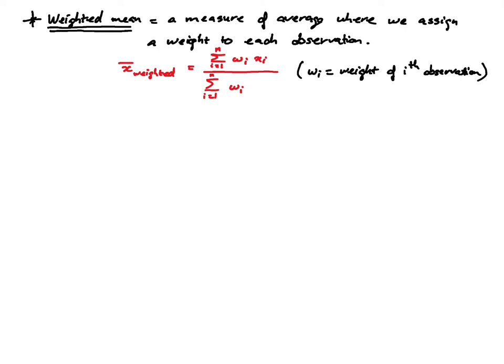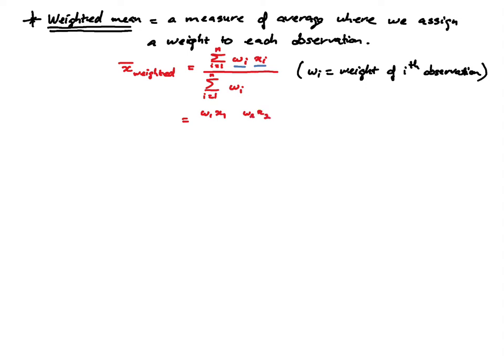So what does this formula tell us? It tells us that for each observation, we want to compute the product of the value of that observation and the weight associated with that observation. So for the first observation, we're going to have omega 1 times x1. For the second observation, omega 2 times x2, right?